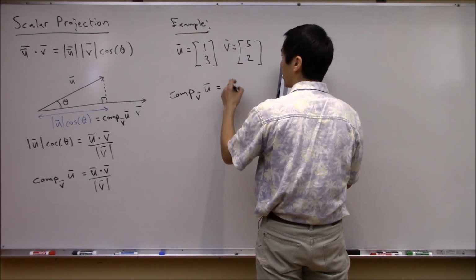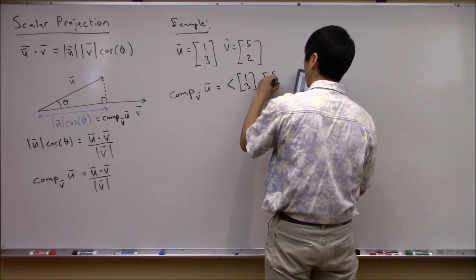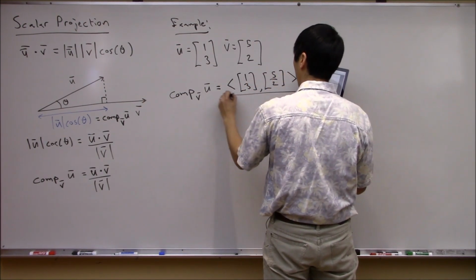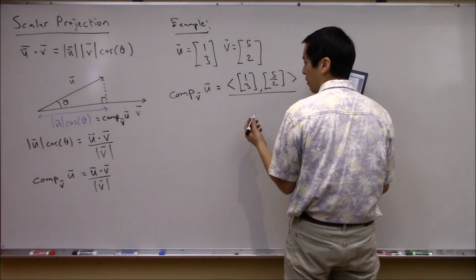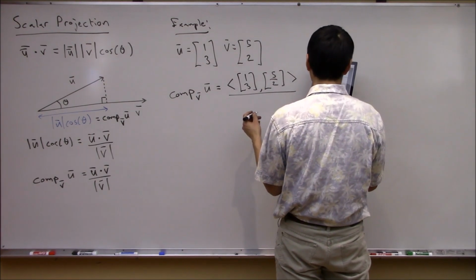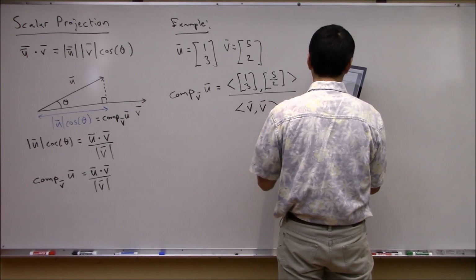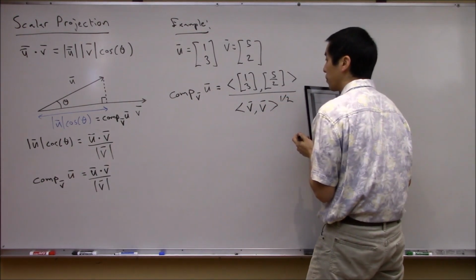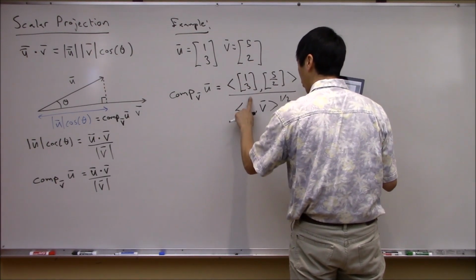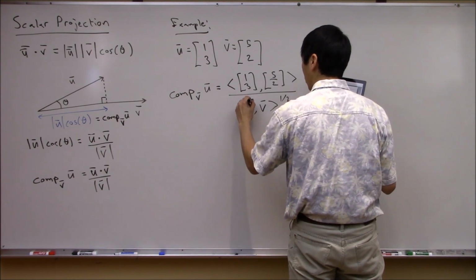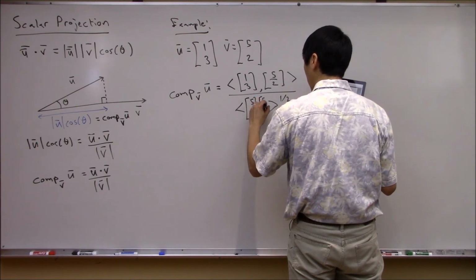That's the inner product of 1, 3 with 5, 2, all over the magnitude of v. And the magnitude of v we can write as the inner product of v with v to the 1/2. Here v is just this vector up here, so let me substitute 5, 2 in both places.